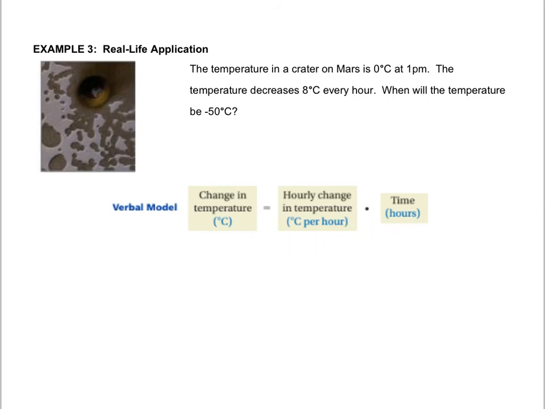So let's look in the store to see what they gave us. They told us that the hourly change in temperature is 8 degrees Celsius, is decreasing. The change in temperature goes from 0 degrees Celsius to negative 50. So I have to use those two pieces of information to realize that it went down 50 degrees Celsius. And it says when, so that gives me an indication that I'm looking for the time.